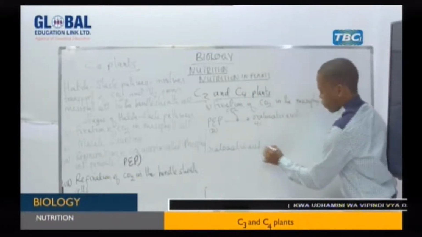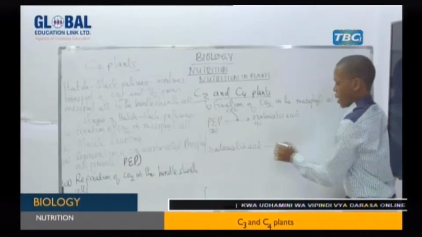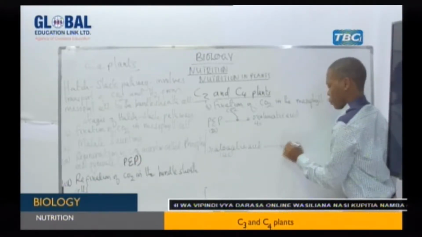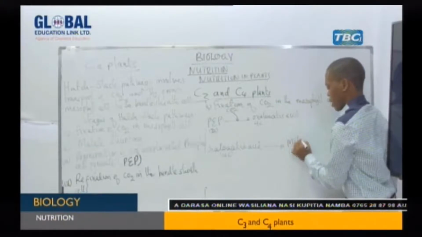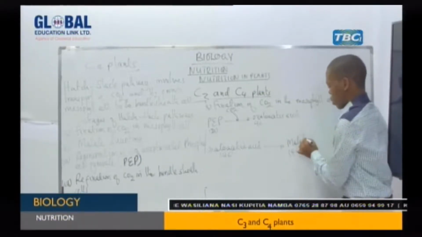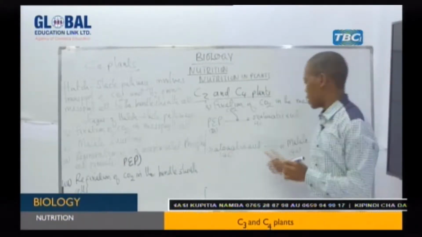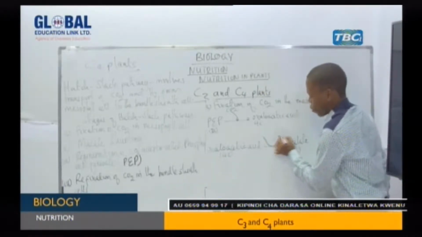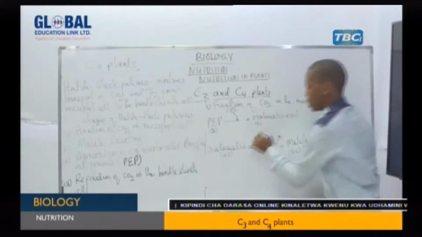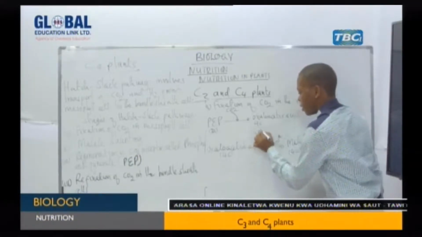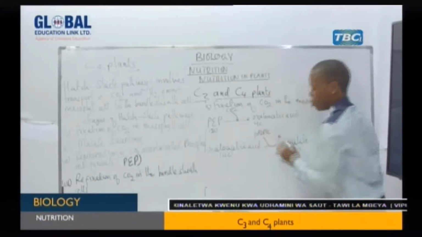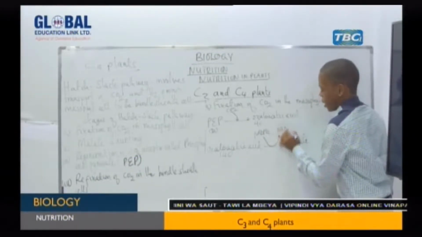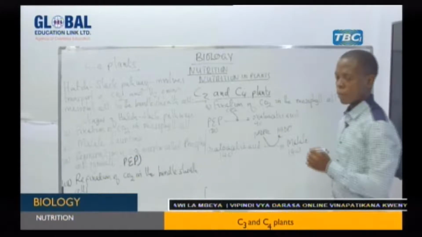But during conversion of oxaloacetic acid into malate, there is a use of reducing power, one of the products of the light reaction, which is NADPH2. It forms the oxidized NADP.